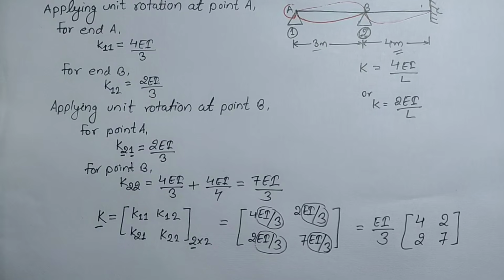Now guys, after determining the value of K, let us use the relation P plus KD equals to 0, and from there we will find the deflections D1 and D2.